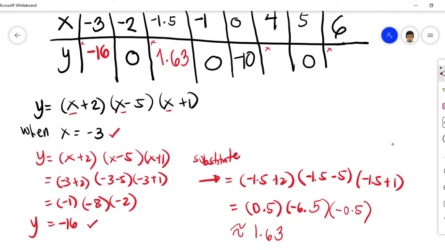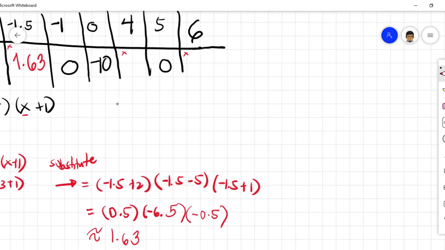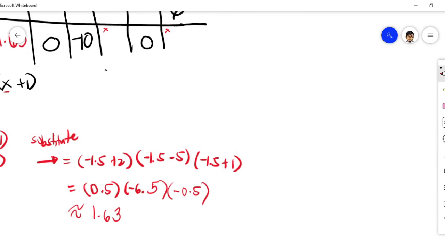Next, we have, what comes after that? 4. So, we have 4.